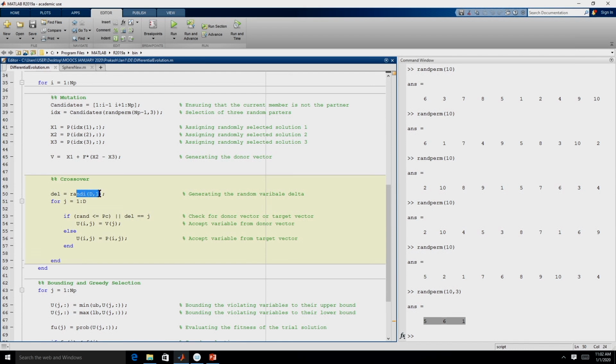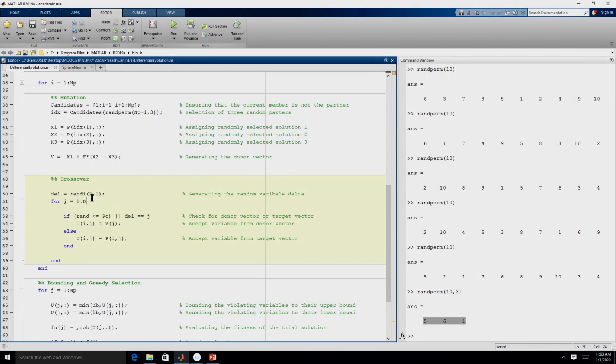So, randi, you have seen randi, the use of randi in TLBO, for generating teaching factor we had used. So, when we say randi of d comma 1, it randomly generates one integer value from 1 to d, and since this is 1, it returns a scalar value. Since we are starting from 1, we do not need to give 1 to d, it is sufficient to give just d, and we require only one value.